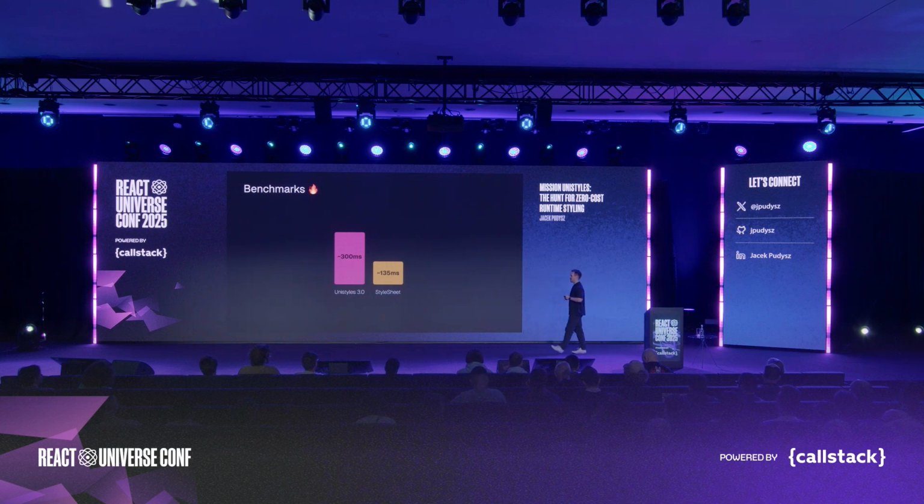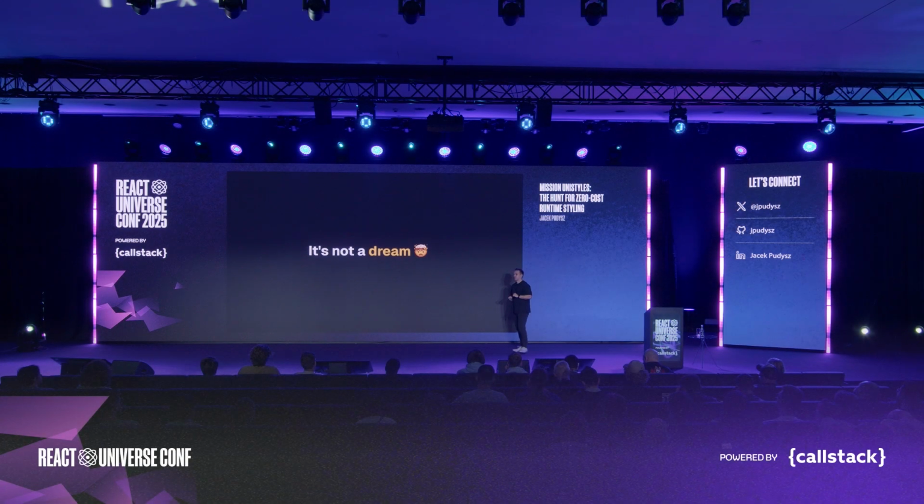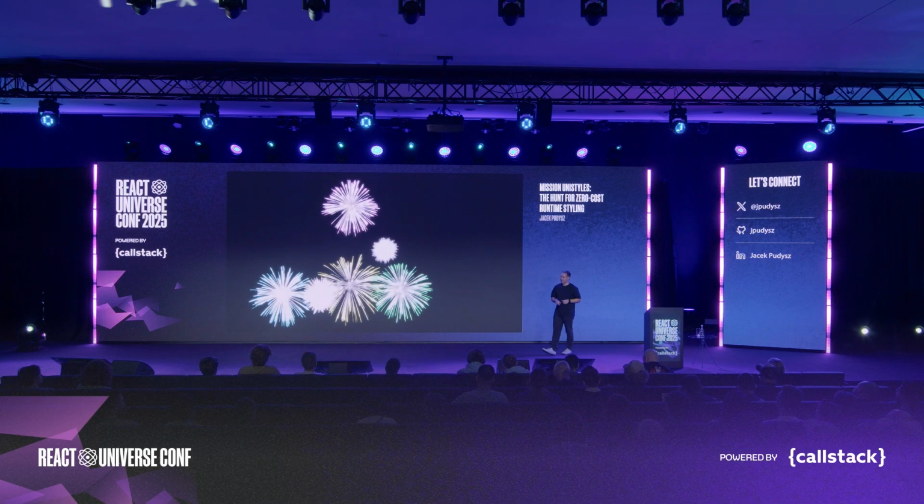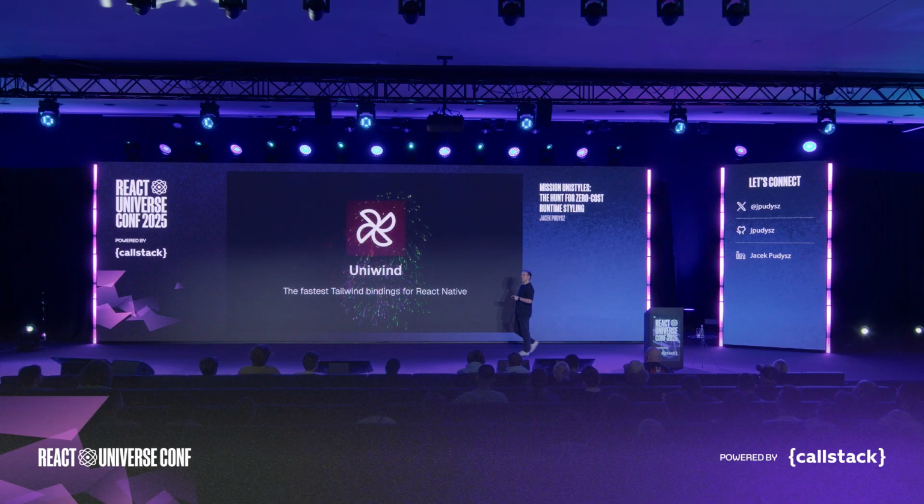Yes, it's possible. So, let's say we have another library that is super close to the StyleSheet performance, and it also has multiple features. And it's not a dream. I'm thrilled to announce a new React Native styling library called Uniwind, the fastest Tailwind bindings for React Native.